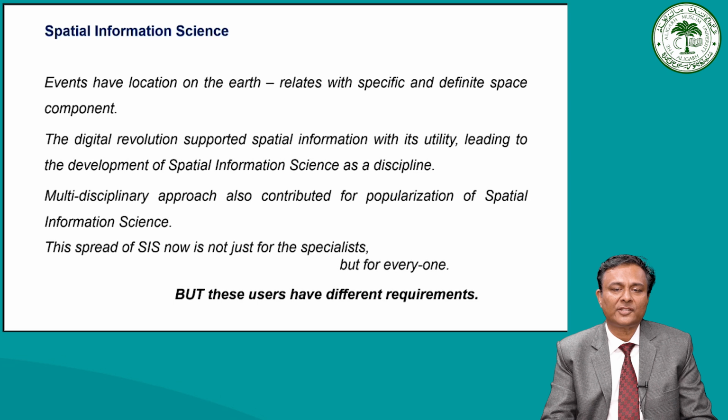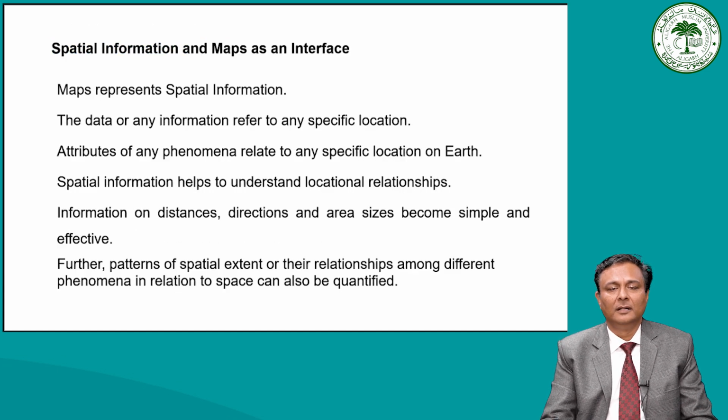The rapid expansion and popularization of spatial information science means that now spatial science is not just for the specialists, but for everyone. However, these users have different requirements. Generally, maps are used to visualize spatial information.